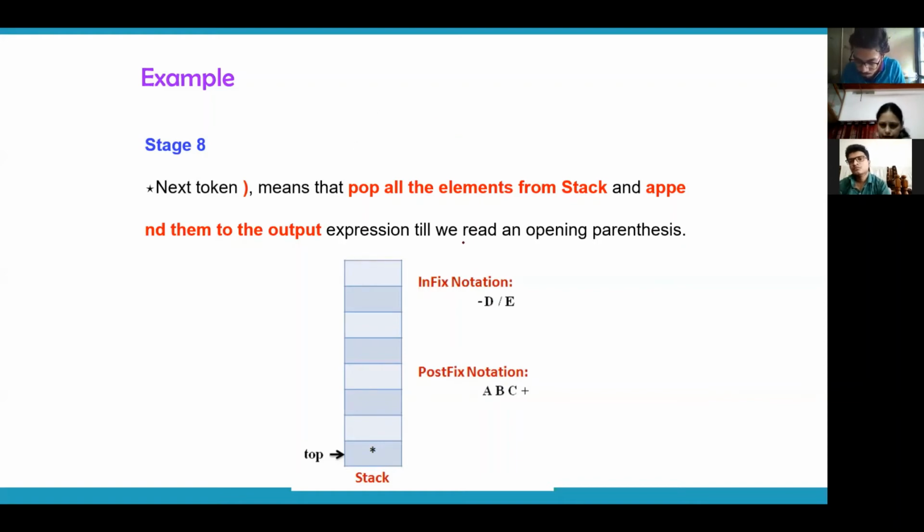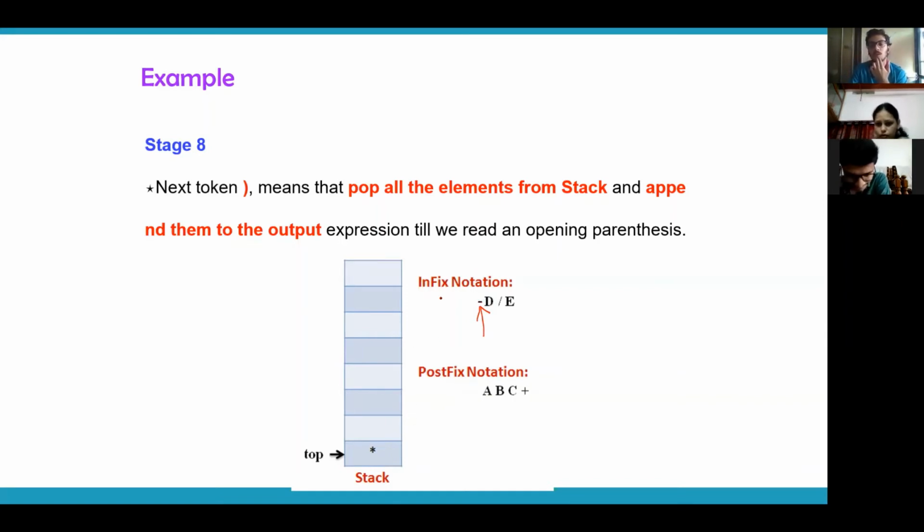Now, which is the next character to be scanned? Minus. Now you have a problem, because what is on the stack top is another operator. So there are two operators. Now what is the operator precedence of minus? Minus has lesser precedence than into, right?